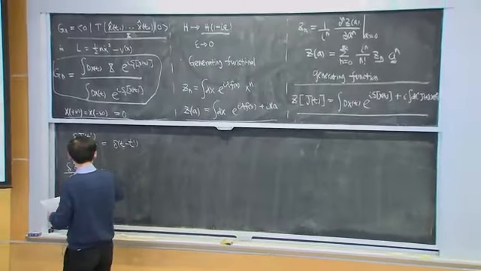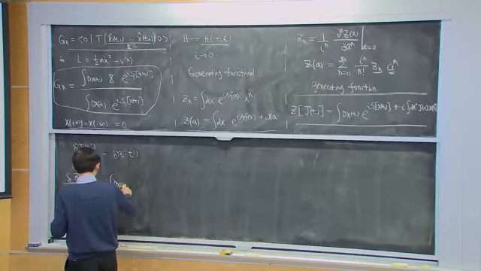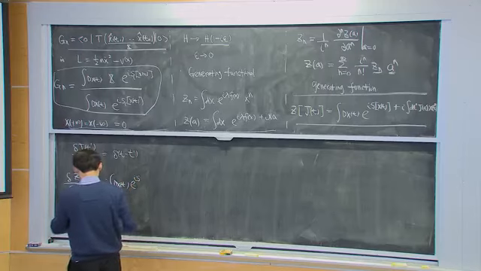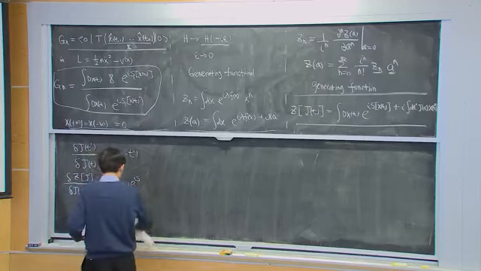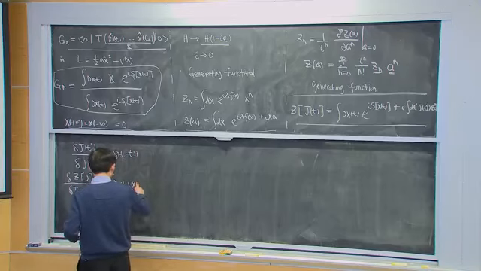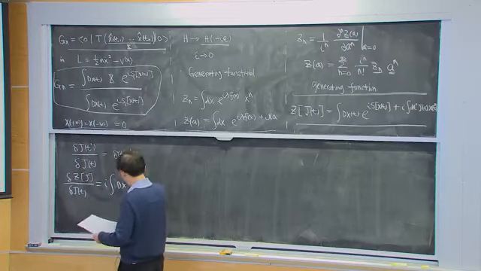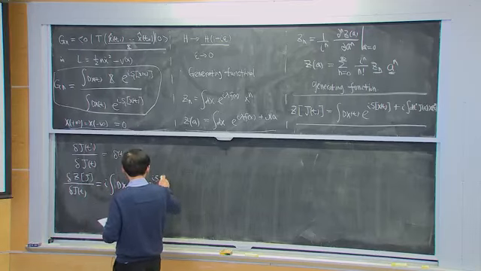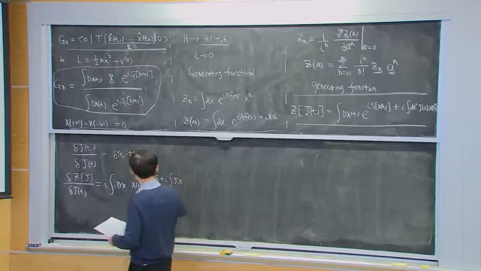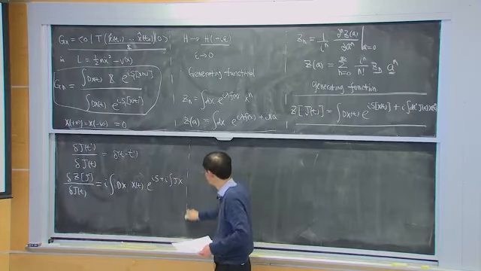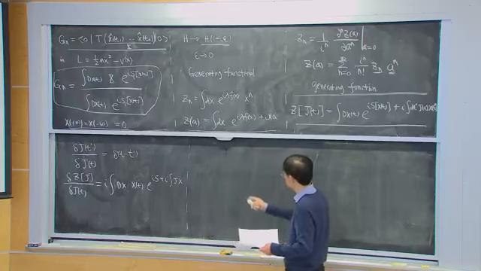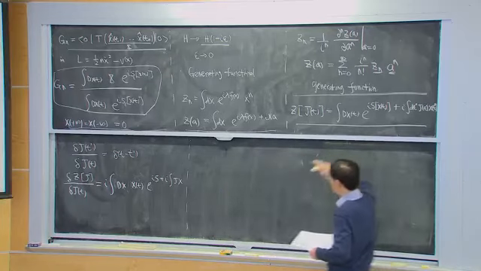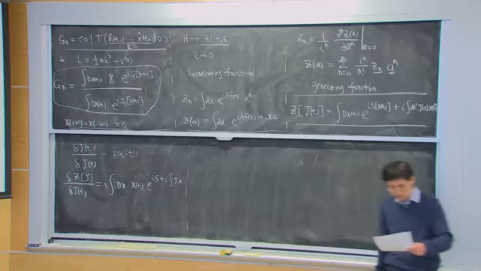So we get the integral of Dx, with a factor of x(t) from taking the derivative of J, and then exponential of iS plus iJx. You should keep in mind that I'm just using a simplified notation for the dt and so on.